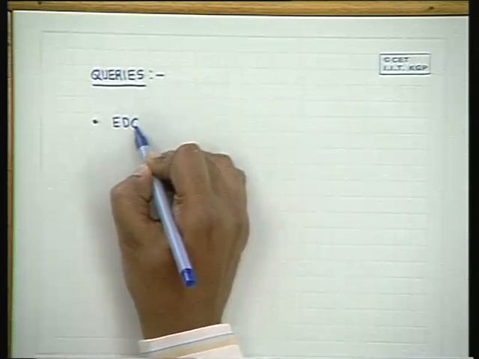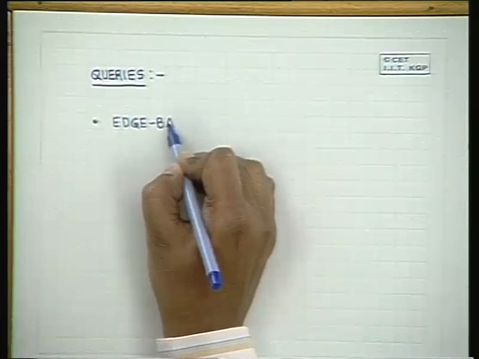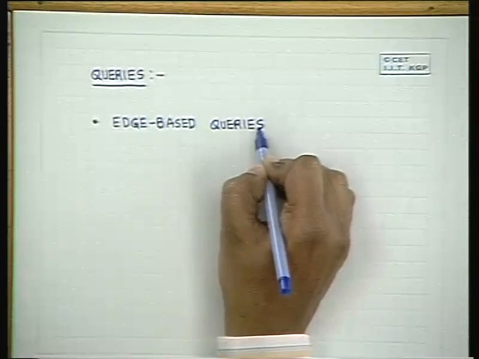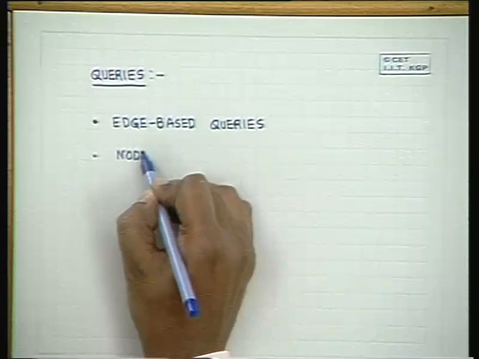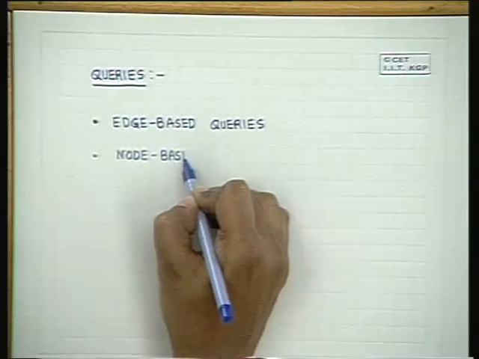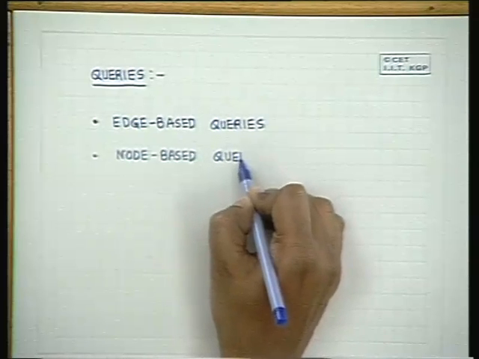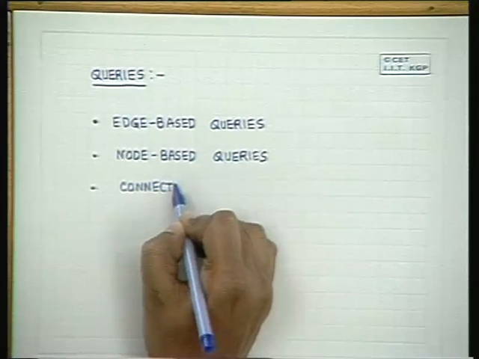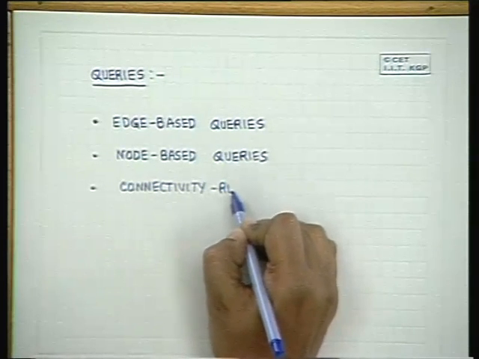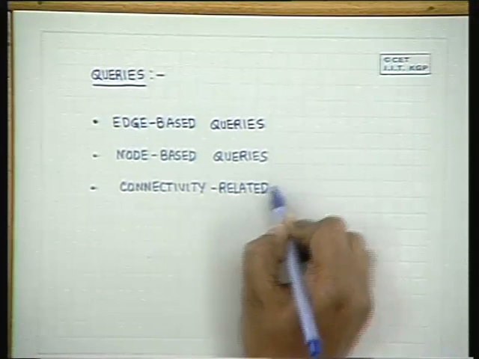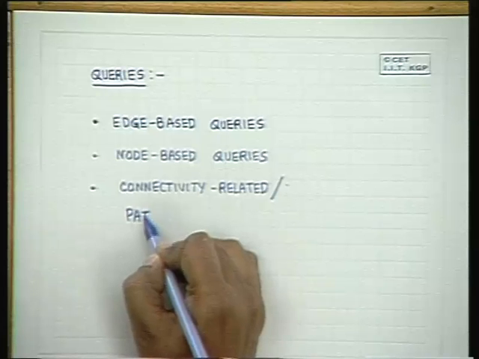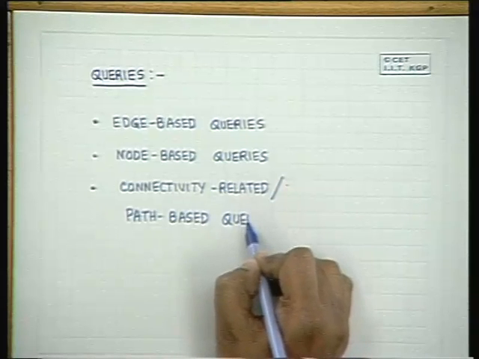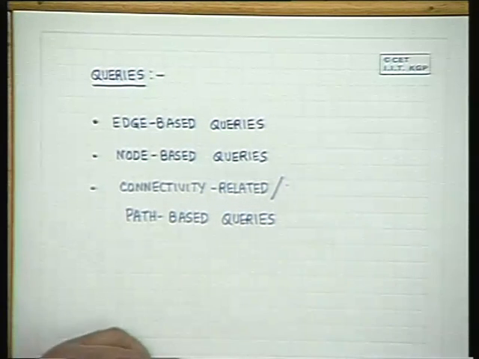Edge based queries, node based queries, connectivity related queries, or these are also called path based queries.